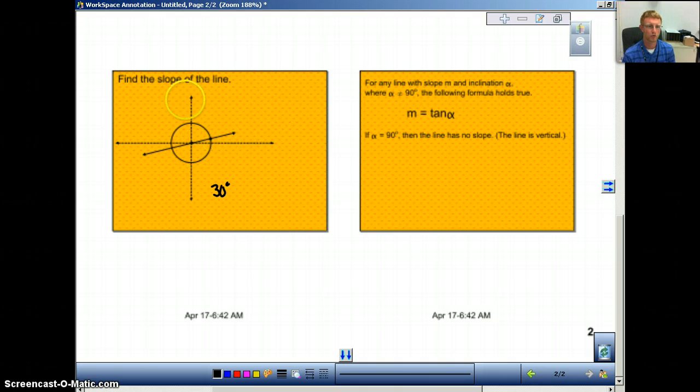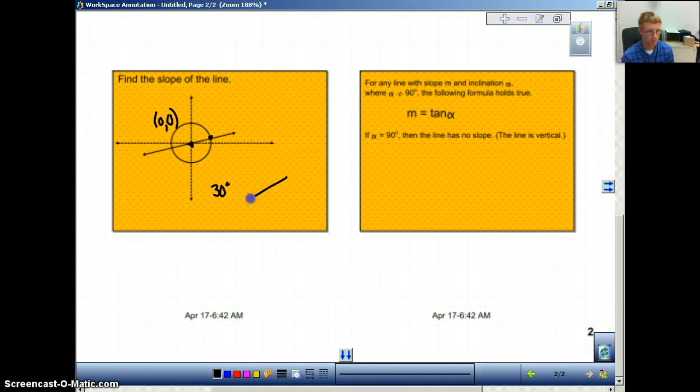So what we want to do is find the slope of this line. So here's what we're going to do. I know, and you can see it, that the first point right through the center there is 0, 0. This point over here, we don't know it, but we can figure it out because we know that the angle is 30 degrees.